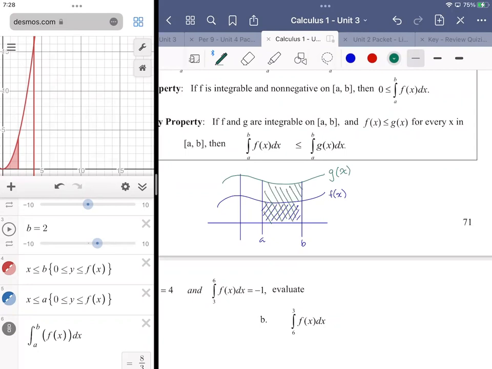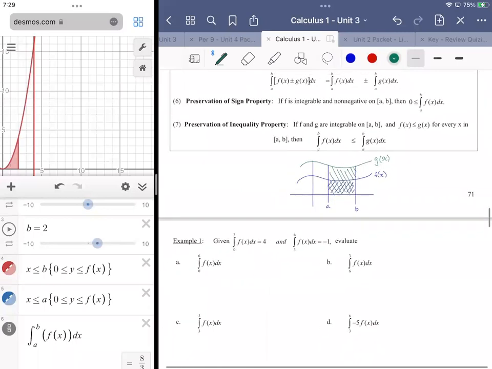That's what I was saying before, that a lot of these rules are just common sense. The definite integral tells us how much area is captured by a function and the x-axis over that interval. If I move the function further away from the x-axis, or make it taller, it's going to capture more area. That's all this rule is saying.